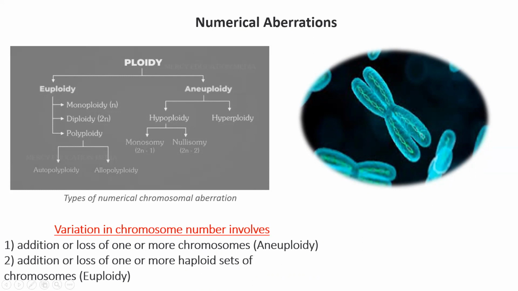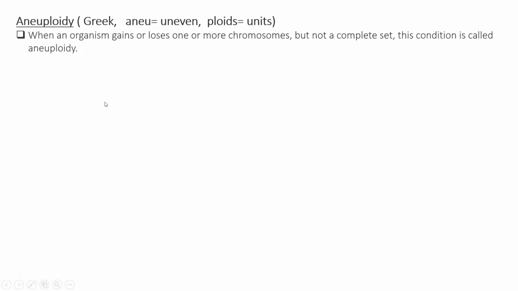So let's see the detail. First we will go with the aneuploidy. When an organism gains or loses one or more chromosomes but not a complete set, and here it is very important to understand, not a complete set, this condition is called aneuploidy. Only one or more chromosomes are lost, but the complete set is not lost.